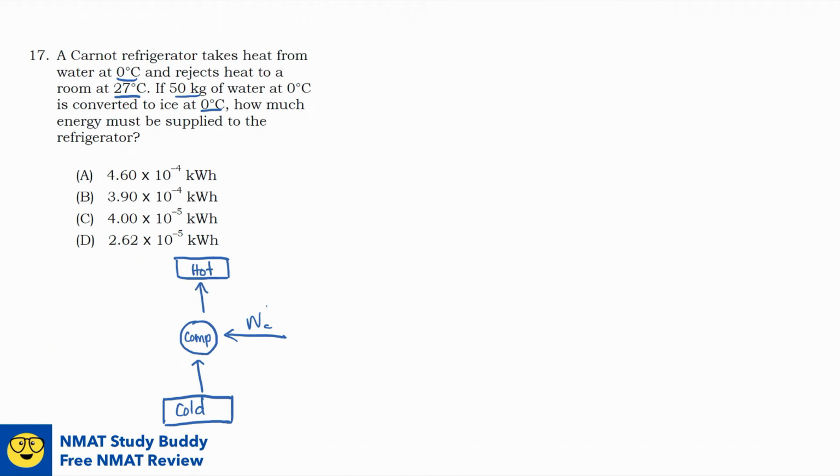Yan. So, yung goal natin is makuha tong input energy na kailangan i-supply sa refrigerator. Yan. So, makukuha natin yan using the formula of COP. Yung COP, yun yung coefficient of performance. Pag sinabing coefficient of performance, yung value nun describes the effectiveness of heat pumps, refrigerators, or air conditioners. Bale, kapag mataas yung COP, ibig sabihin maganda yung ref.